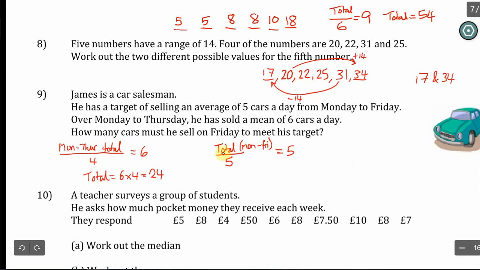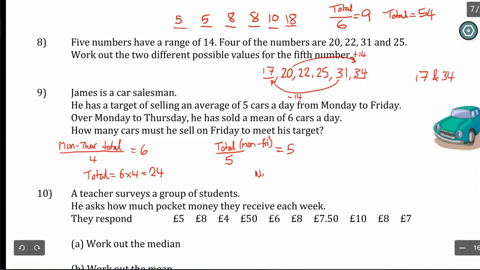What must that total be? Well, 5 times 5 gives us that it should be 25. So he only needs to sell one more car on Friday. Okay.